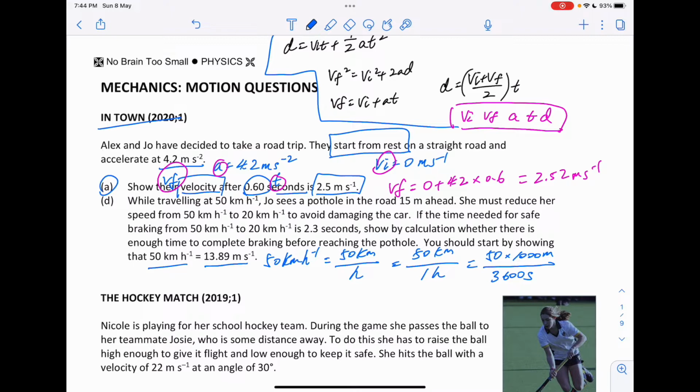So 3,600, that's right. That will equal 50,000 meters divided by 3,600 seconds, which must equal 13.89 meters per second, right?